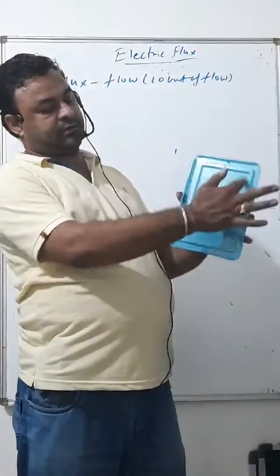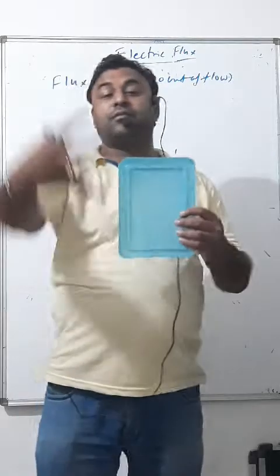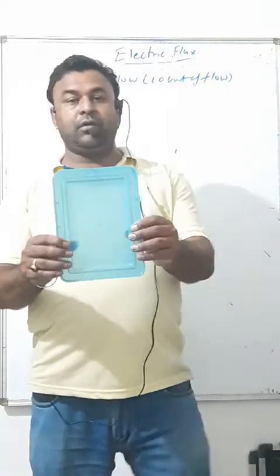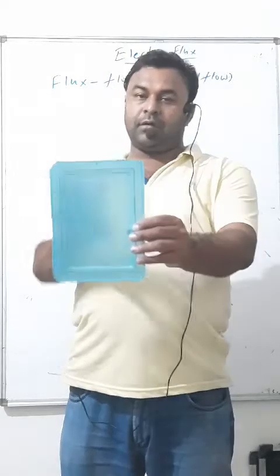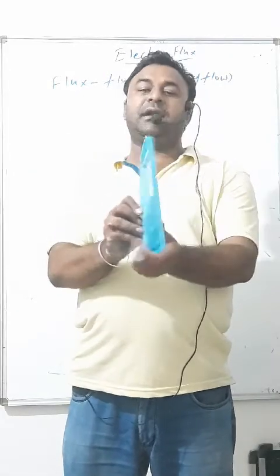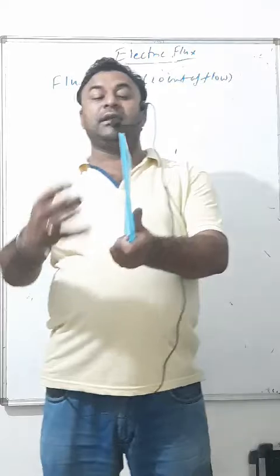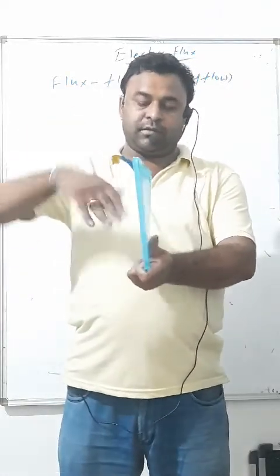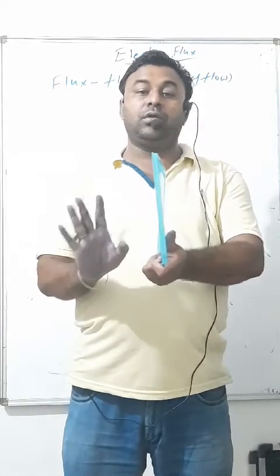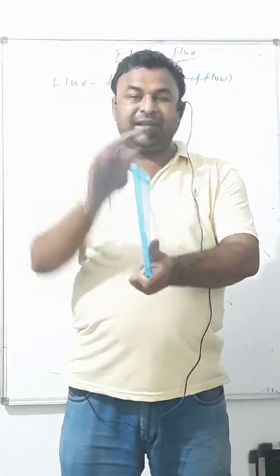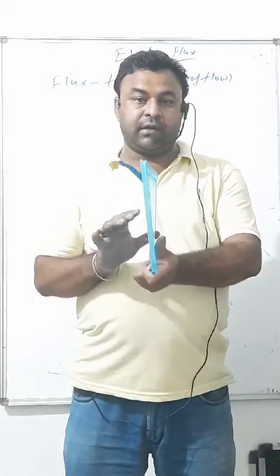If I cut from this side, then suppose water is coming from this way, from your side to me. If I hold this, then the maximum amount of water will pass through. Now I tilt it in this way first. Then the water will just cross these boundaries parallel, so zero amount of water is crossing through this given area.